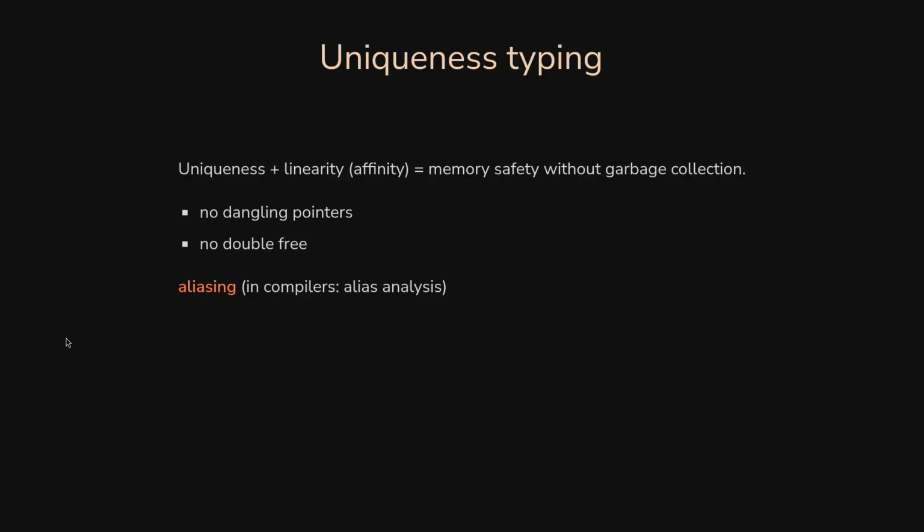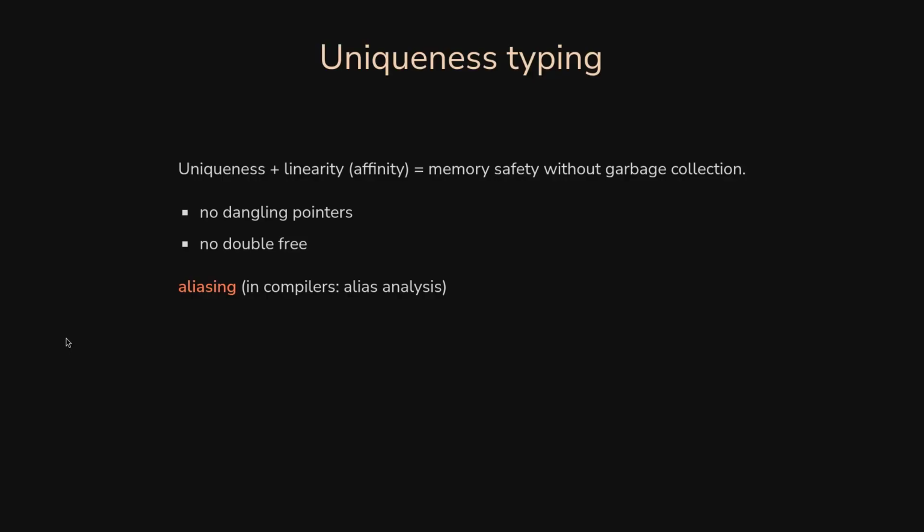And a very important point is that all those things, linearity and uniqueness, in the end, they relate to aliasing. And in fact, it is most of the time the property that you want. You want to know things about aliasing if you want to do anything. So if you're a compiler, if you want to optimize stuff, you must know about aliasing.